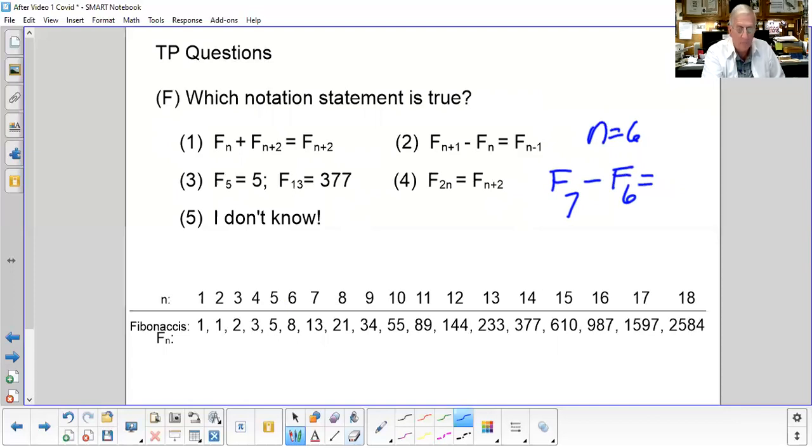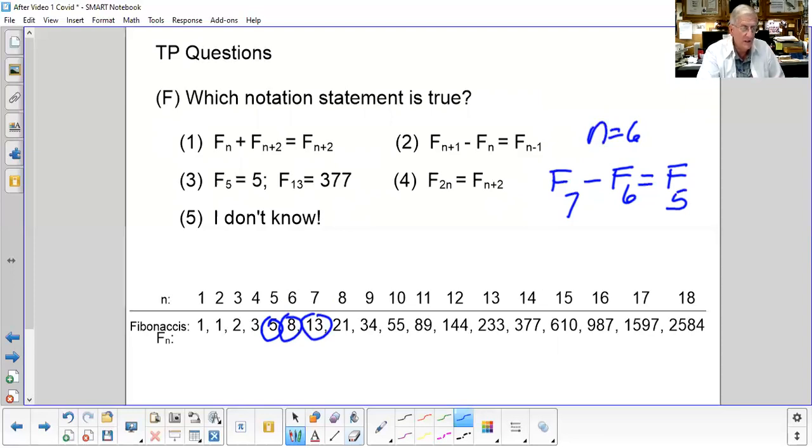Well, f sub n minus 1 would be f sub 5. So let's see. If I take f7, 13, and subtract from it f6, which is 8, do I get f5, which happens to be 5? I do, right? So it appears that statement 2 is true. So it looks like it could very much be the answer.